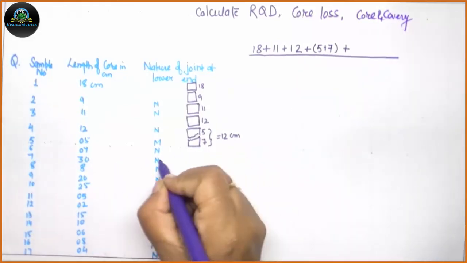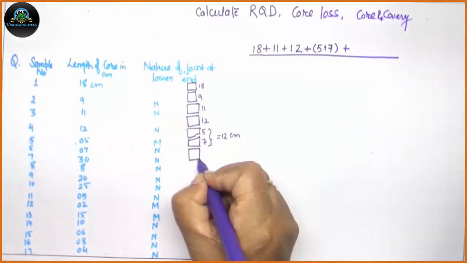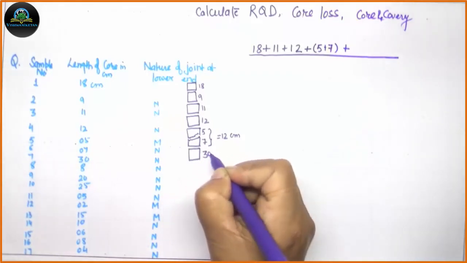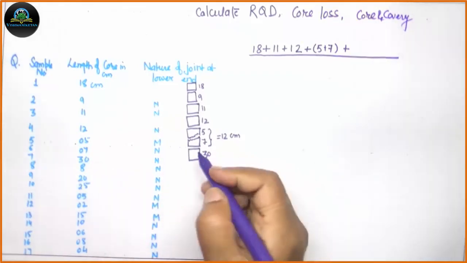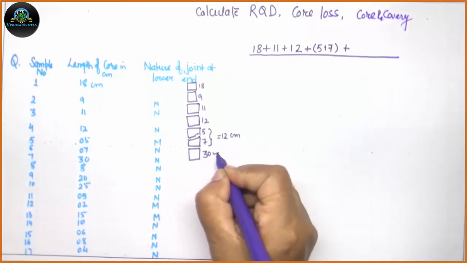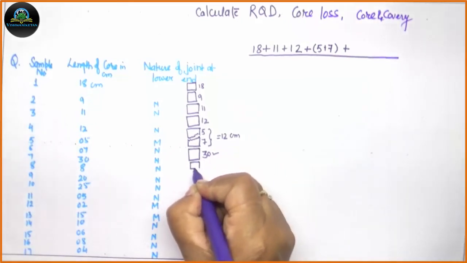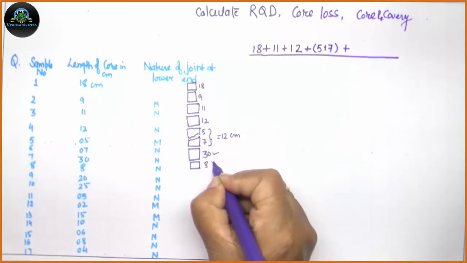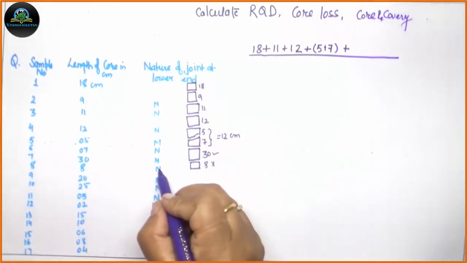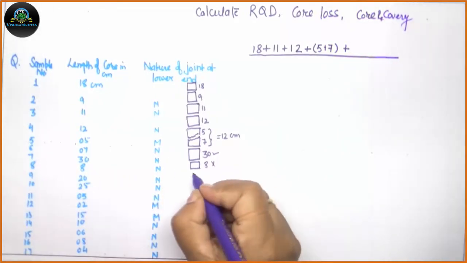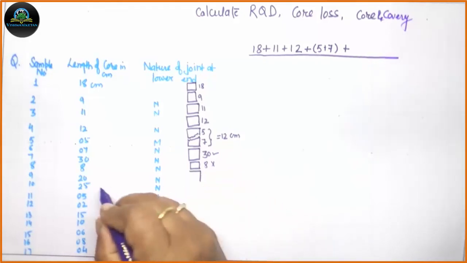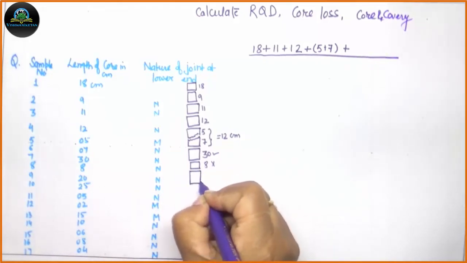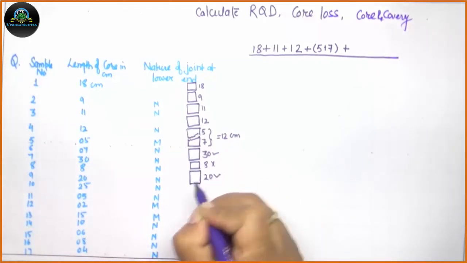Then 30 centimeter natural. It is also considerable. Then 8 centimeter. It is considerable. 8 centimeter, I will not consider it. Then 20 centimeter having a natural base. 20 centimeter, I will consider this.